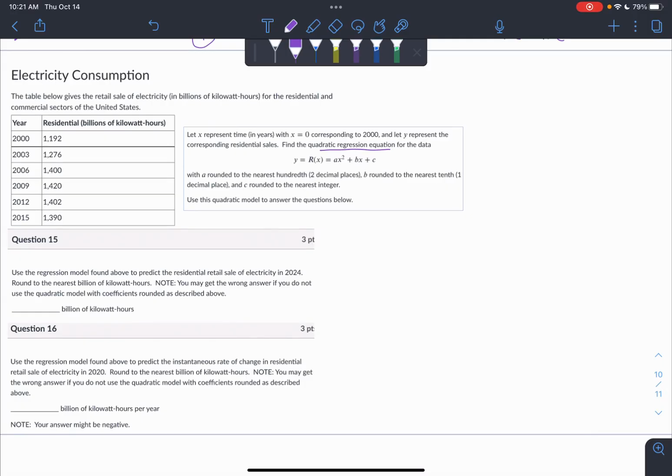All right, so again, our model that we got from Desmos is this, minus 2.08 x squared plus 44.4 x plus 1185. All right, so we need to use this regression model to predict the residential retail sale in 2024. Remember that x is in time of years, with x equals 0 being 2000.